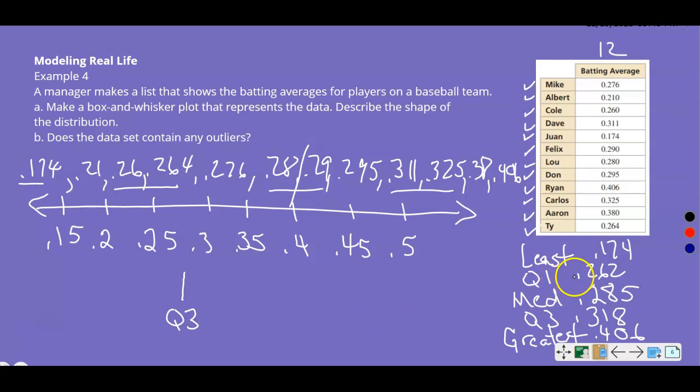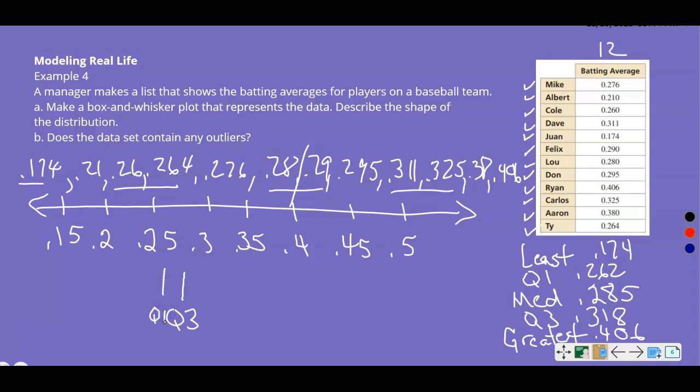So 0.262. So this is 0.15, this is 0.2, 0.25. So it's still going to be just above that. So it's not going to be too far from here. That's going to be Q1.